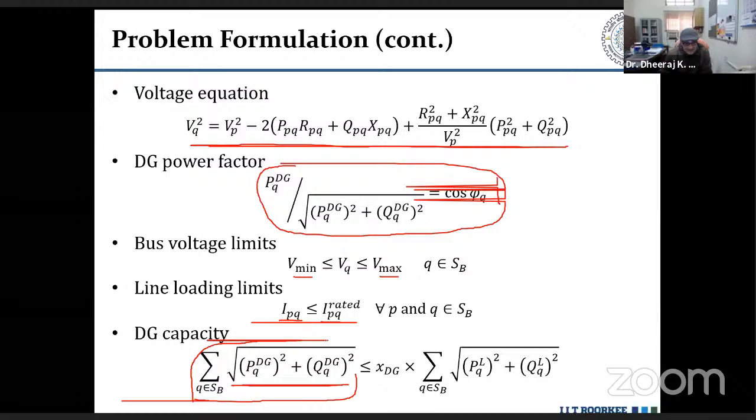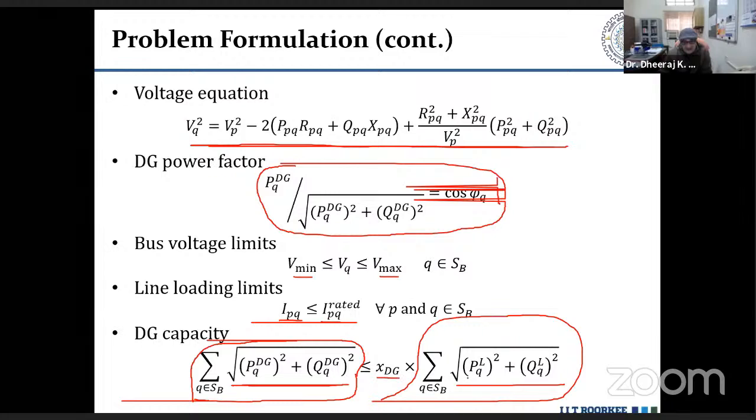So this represents the total MVA of DG, and this part represents the MVA load at one bus, with the summation over the total system. So the total DG capacity should be a certain fraction of the total load requirement of the system. Here XDG is a variable that we can specify, like 30% or 50%. It means that total DG capacity in the system should be within 30% or 50% of the total load requirement of the system.